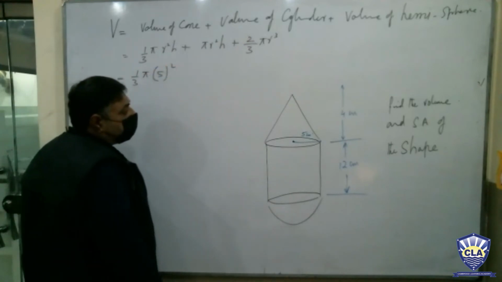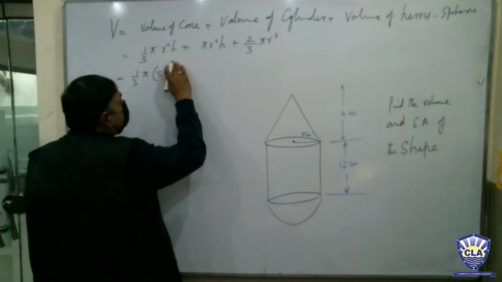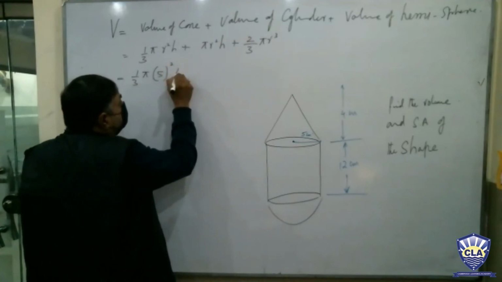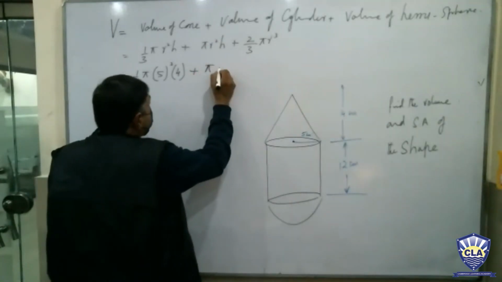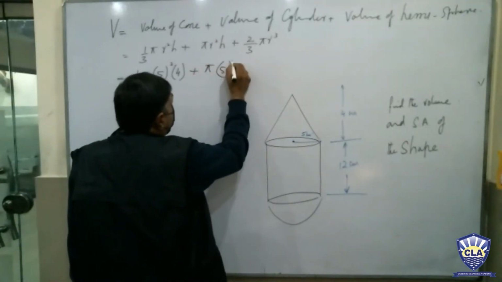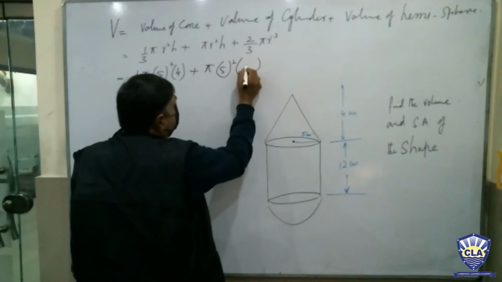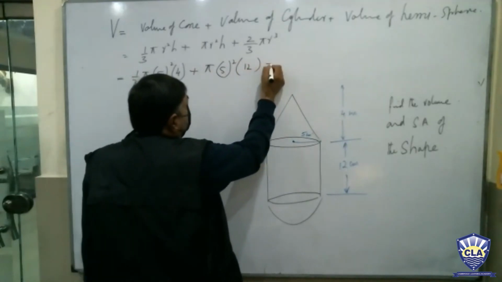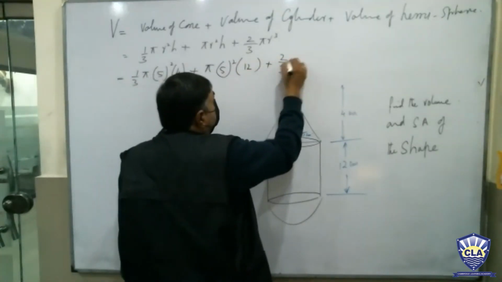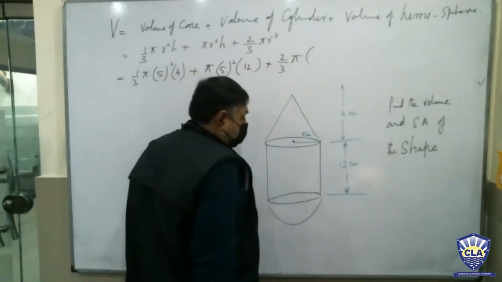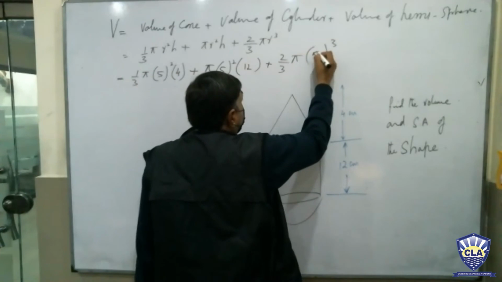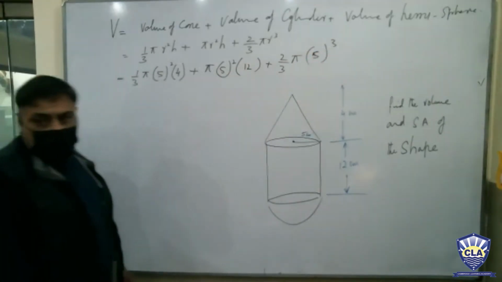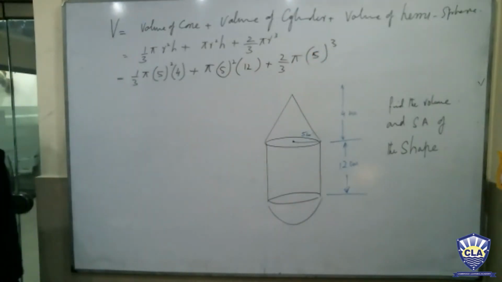What is the height? 4. Plus pi radius 5 square into height 12, plus 2/3 pi, radius 5 cube. Use the calculator. You will get the answer.